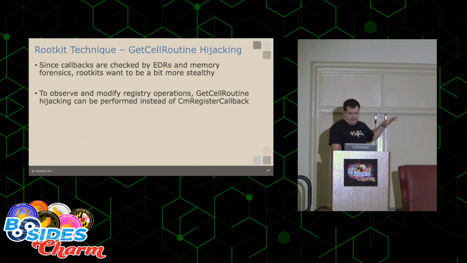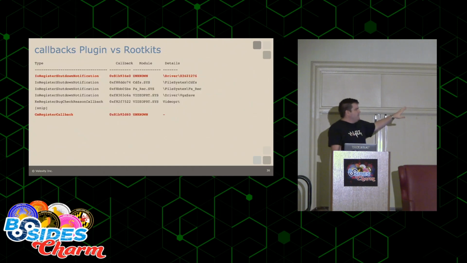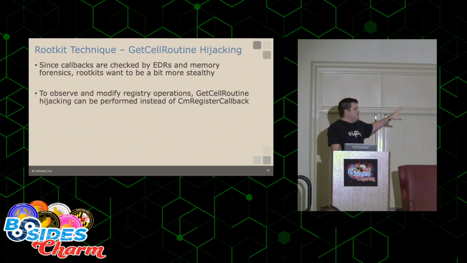So the idea is these callbacks are extremely powerful, but if you're in the kernel, like you're an EDR developer, you have your driver in memory, it's actually really easy to find those and enumerate them the same way the plugin does. So at that point, the EDR software can say, hey, this weird driver I don't know has a callback registered. It can try to scrape it out of memory, submit it to its cloud-based whatever. It can run analysis on it.